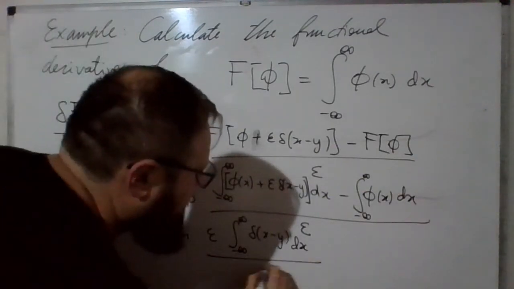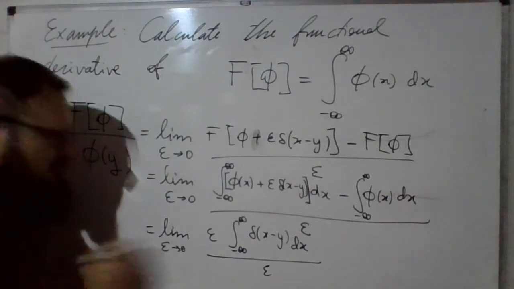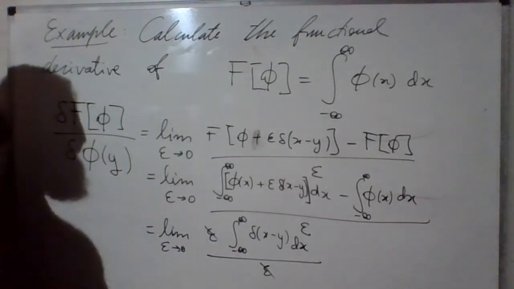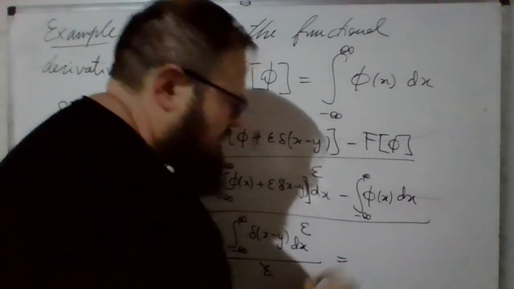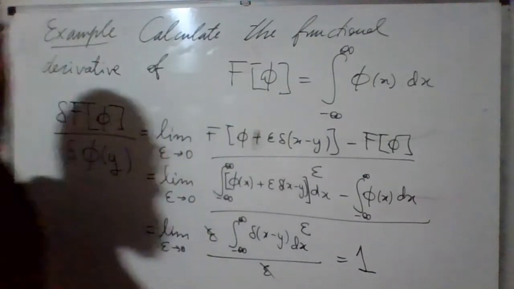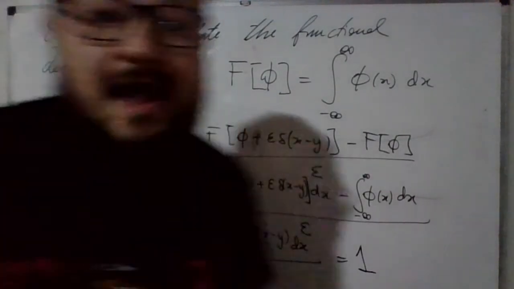And in the end, you divide by epsilon, taking the limit, epsilon going to 0. Notice that this epsilon cancels out, and the integral of Dirac delta over the entire space is 1.